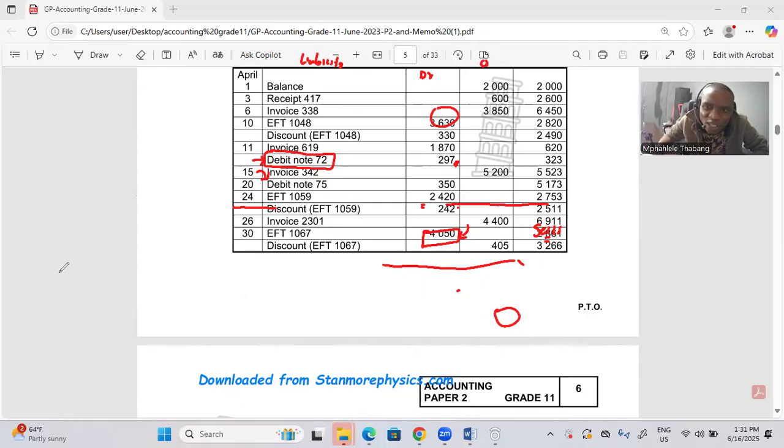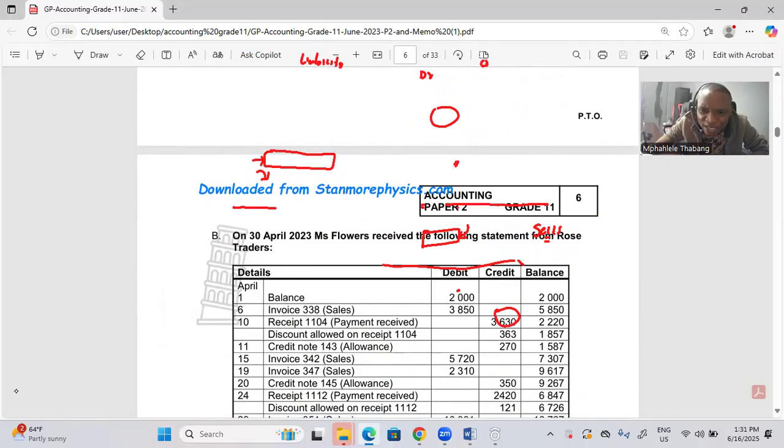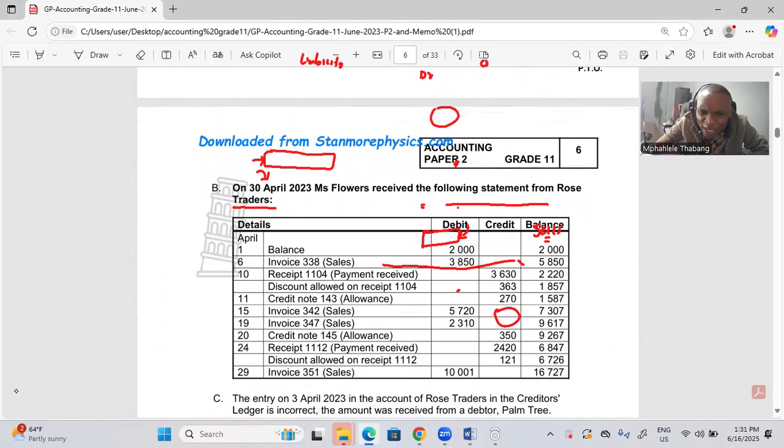The mistake was made by the supplier. The supplier recorded the amount of 270 instead of writing 297. The supplier says it's a credit note.